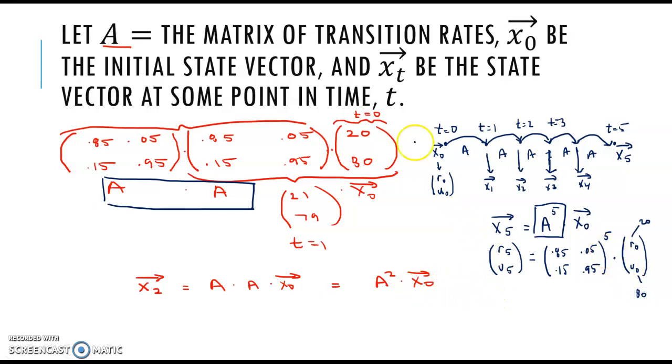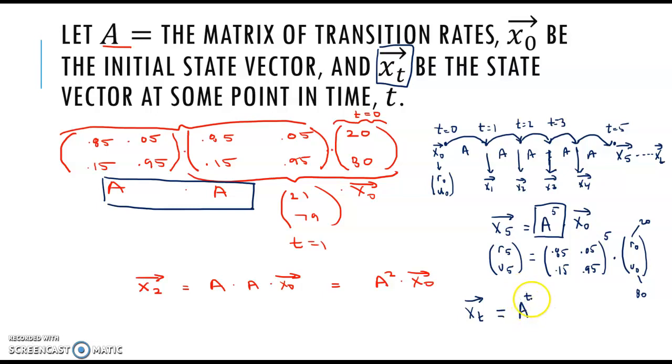So to make this very general, to get the state at time t some point in the future, t is the value of time that we're after. So that's going to be somewhere down the line over here. We're going to have x sub t. It could be x sub 3 or x sub 4. We're not saying it has to be after time 5. But in general, to determine the number of people at time t, we're going to take A, you guessed it, to the t power.